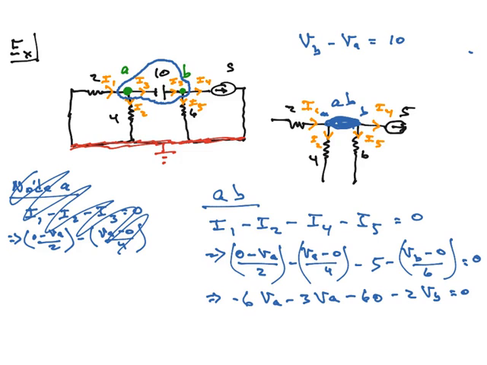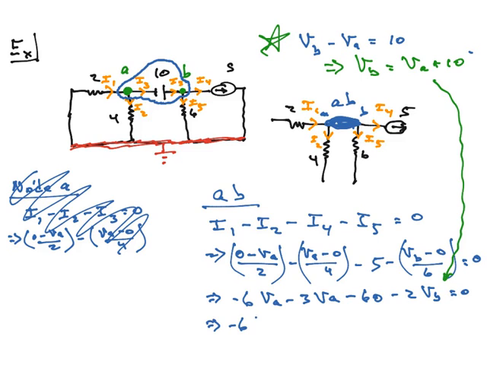Well, there's two unknowns in this equation. How do I solve it? Remember this equation we did at the very beginning. Because of that voltage source, we know VB is the same as VA plus 10. So I just plug this in for VB. Now what do I get?